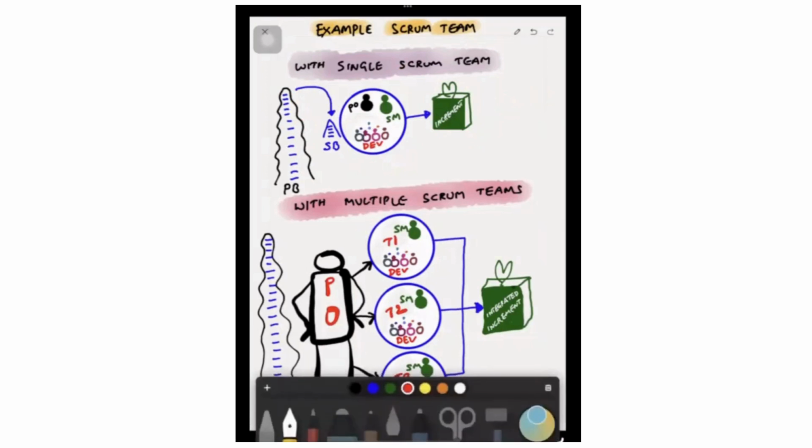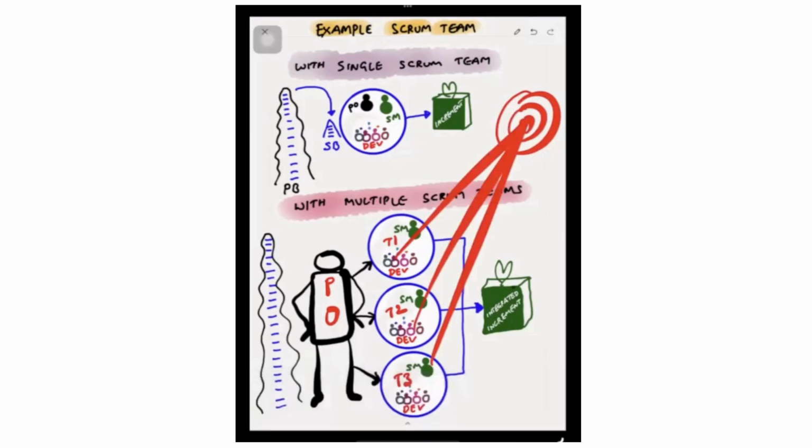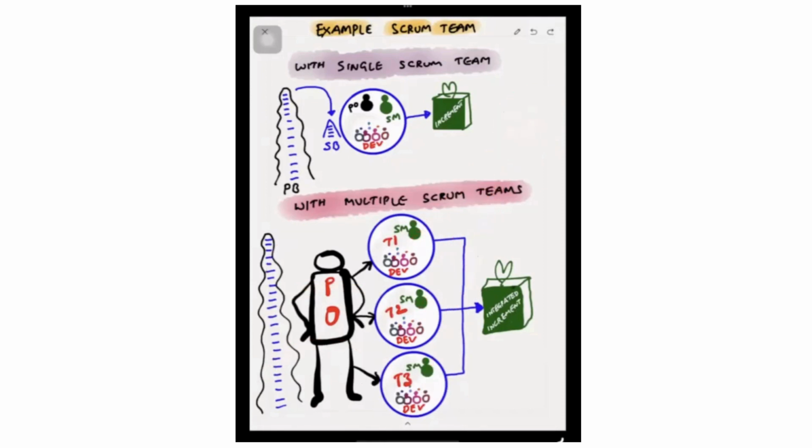They are all focusing on the same product goal, and at the same time, all these teams are sharing the same product backlog. That is why, as we discussed on the previous screen, when multiple Scrum teams are working on a product, they share the same product owner, same product goal, and same product backlog.